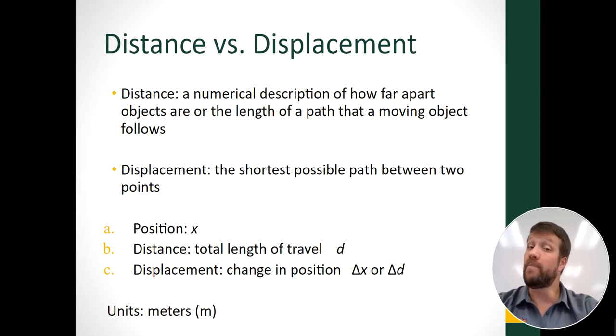This is going to move back to something we covered in our intro unit, scalars and vectors, as well as we talked about some differences between these here. But really, distance, think about that as along a path, we have a step-by-step vector connection, whereas displacement would just be one vector from where you started to where you finished. Position is going to be marked by the variable x in this class.